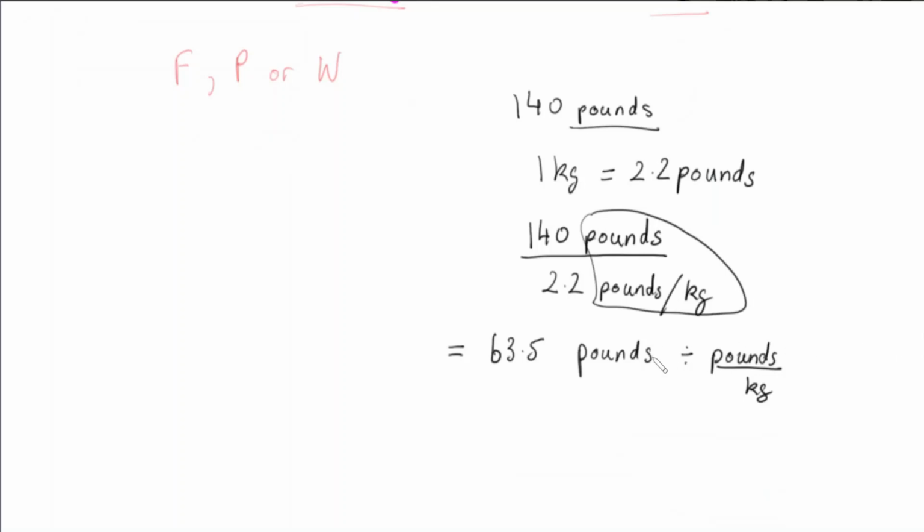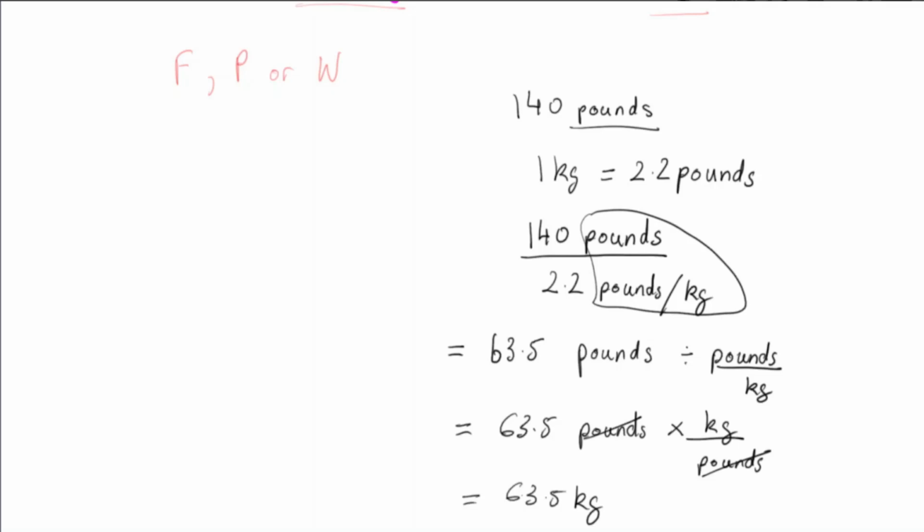And remember, when we divide fractions, all we do is flip the denominator with the numerator, so we get 63.5 pounds times kilograms over pounds, where these terms would cancel out and we would get 63.5 kilograms.